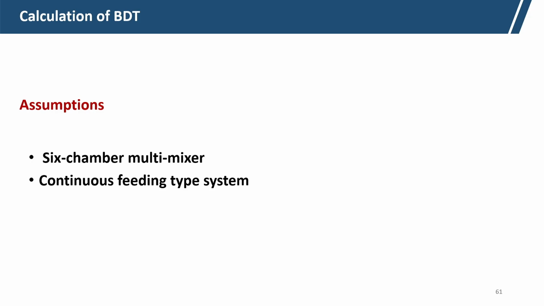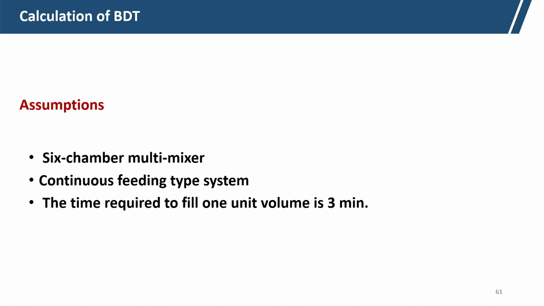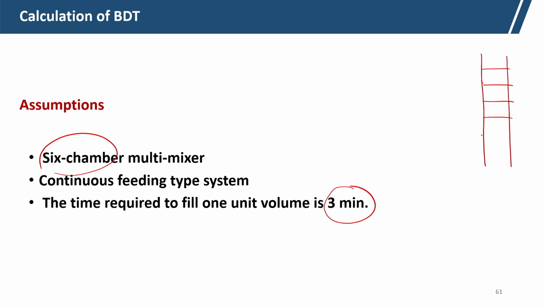And the time required to fill, with 6 chambers, is assumed to be 3 minutes. In one chamber there can be different unit volumes, and for unit volume it requires 3 minutes.